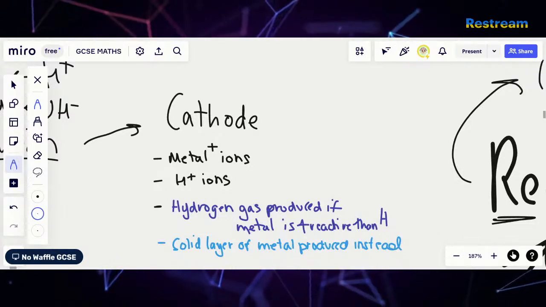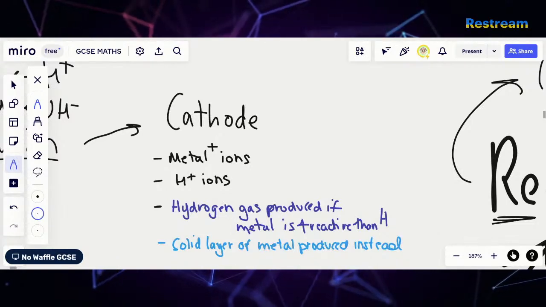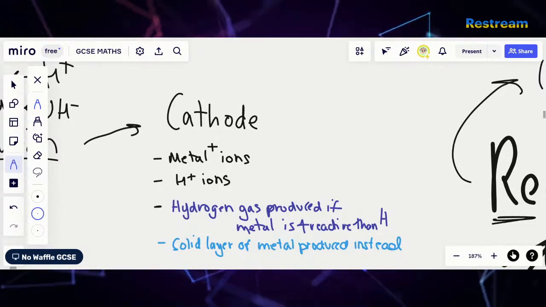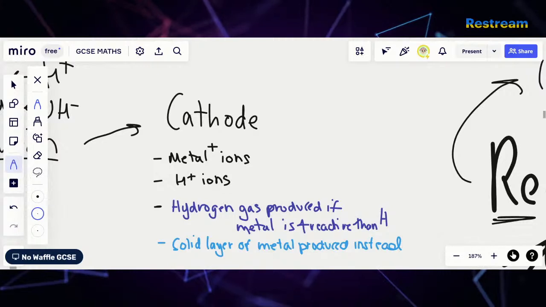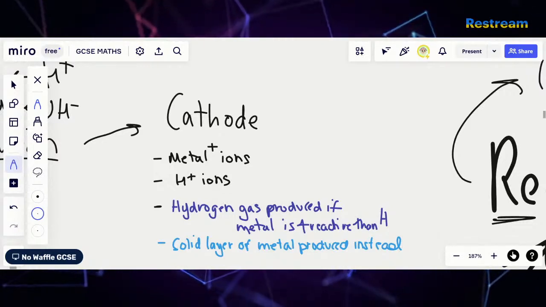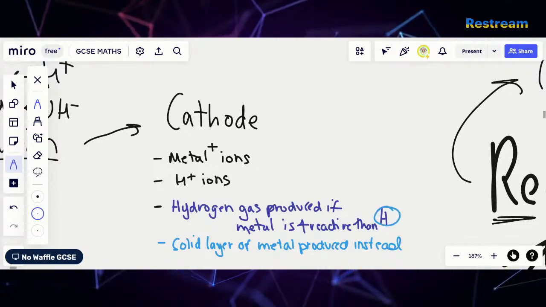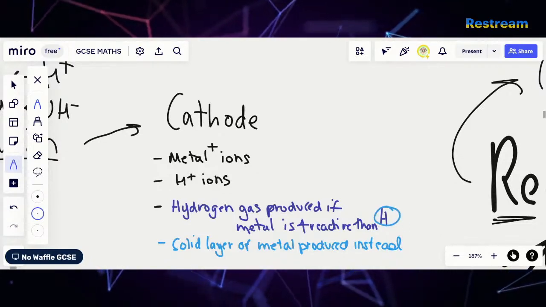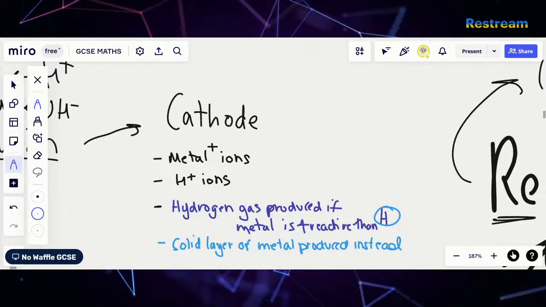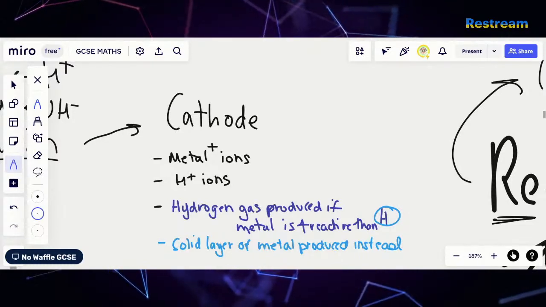Hydrogen will only be produced if it's unable to displace the metal. Because it's unable to displace the metal, hydrogen is produced. However, if the metal is less reactive, it can easily displace it, and therefore a solid layer of metal is produced instead.